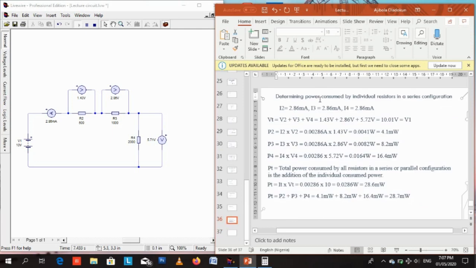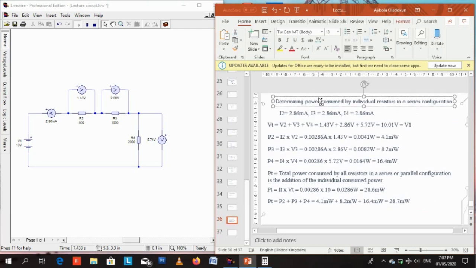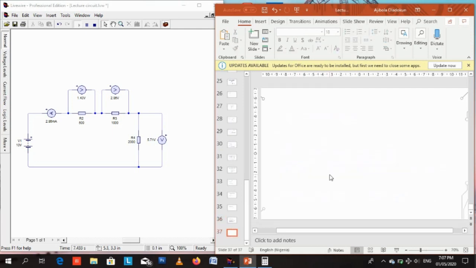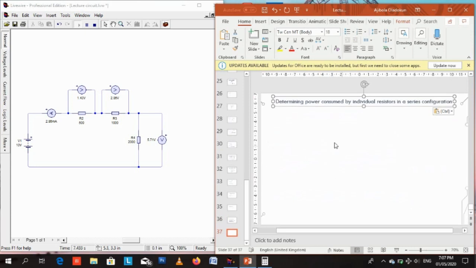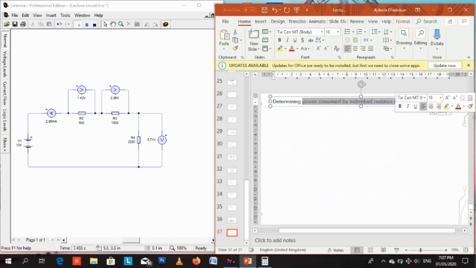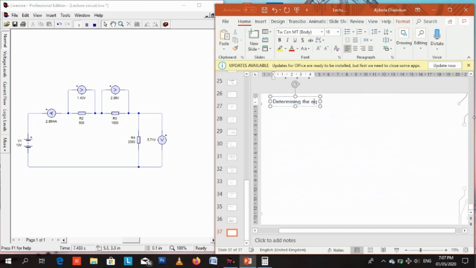Here 28.6 and 28.7 milliwatts are not too far from each other. So I hope you are able to grasp the concept of obtaining the power consumed by individual loads in a circuit where you have resistors connected in series.